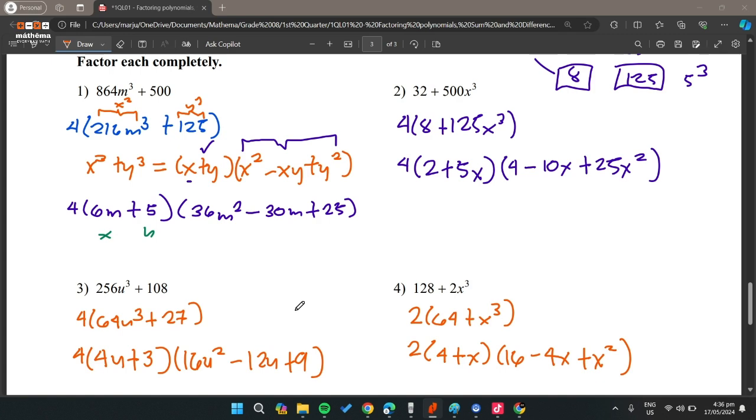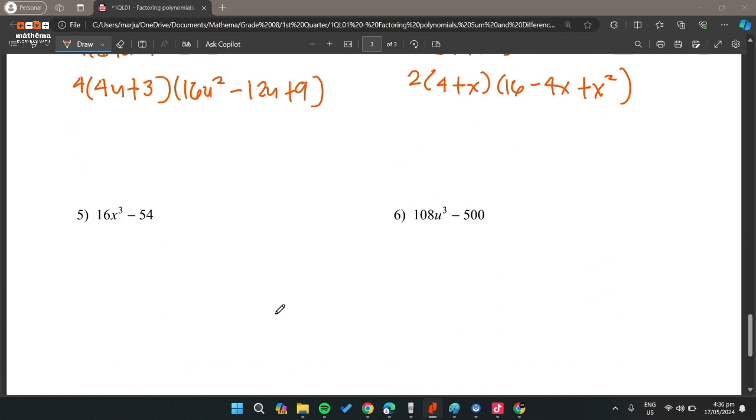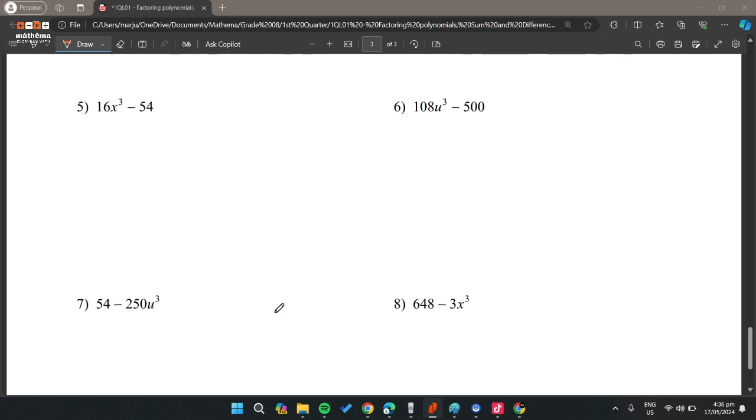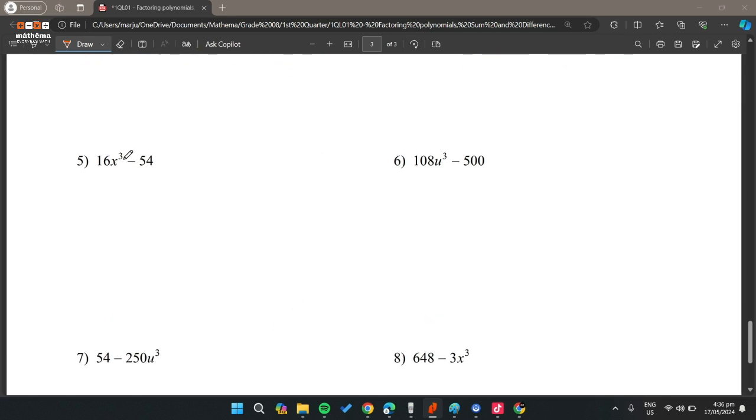Alright. So let's see. Number 5 is now minus, right? But again, we'll try to factor out first. What is common? 16 and 54. We can actually have 2, right? We'll do 2.